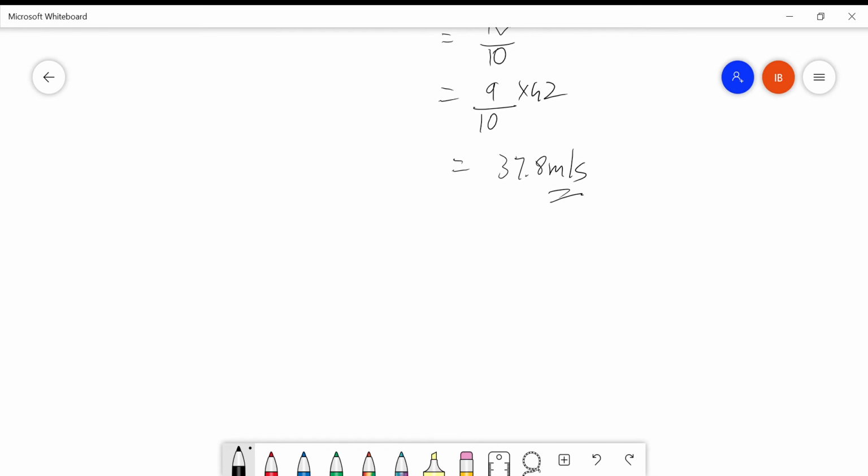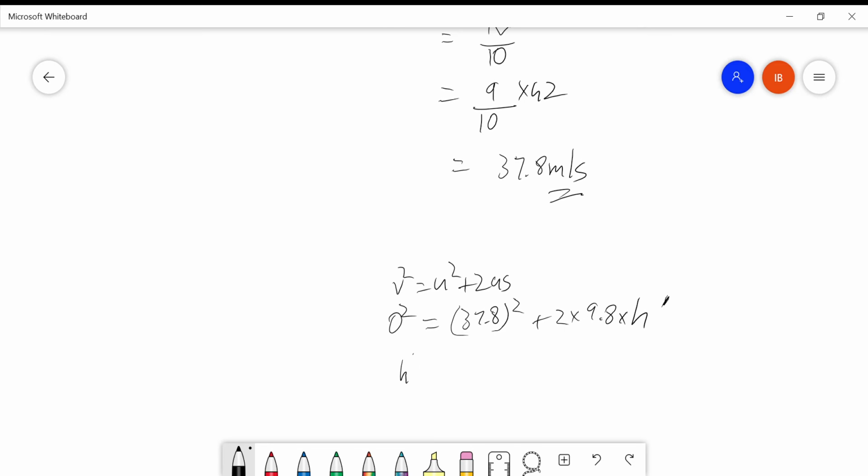Now we have to find time taken, again after the first rebound, how long does it take? Okay, so for that again v square is equal to u square plus 2as. For that 0 is equal to 37.8 whole square minus 2 into 9.8 into h dash.